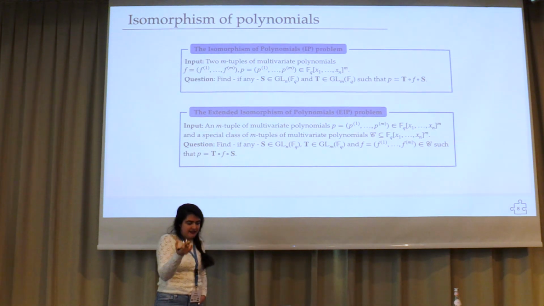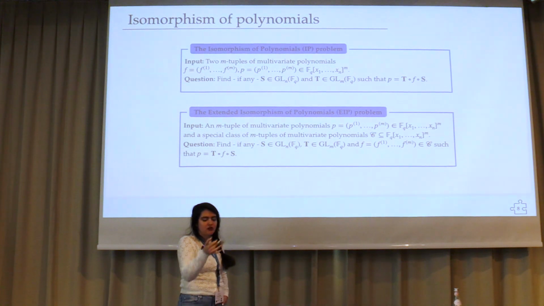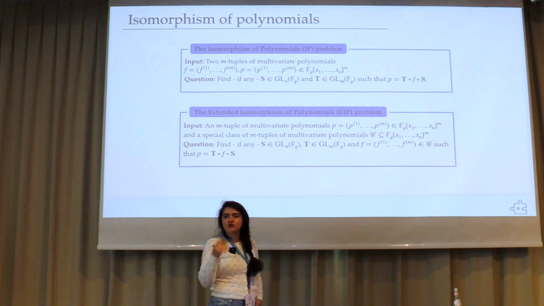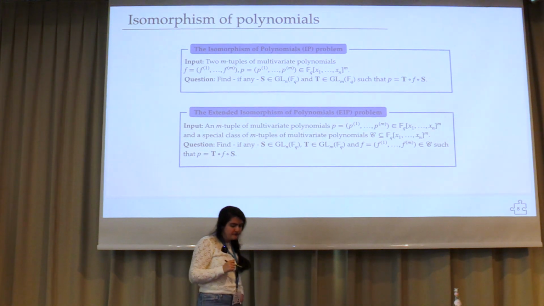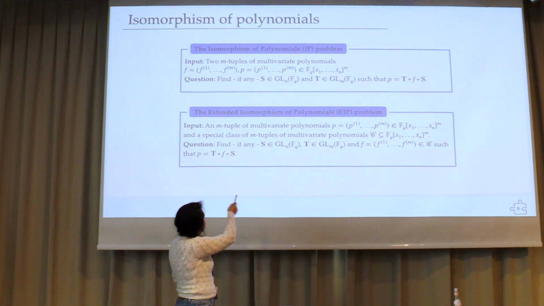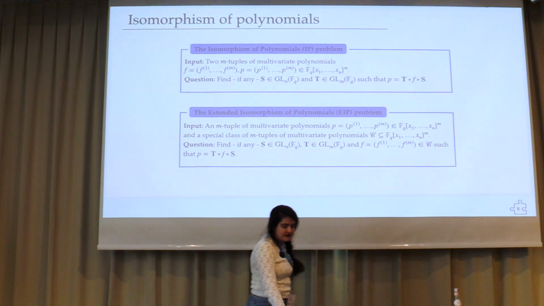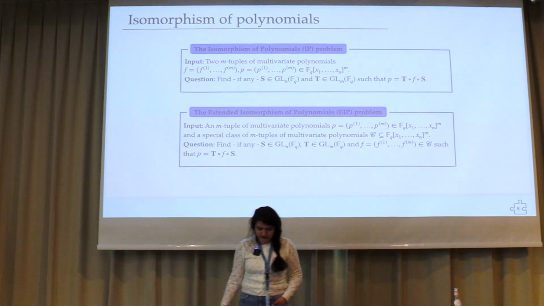It is a special class of polynomial systems. You know what the central map looks like, you just don't know the concrete instantiation. Your goal is to find the isomorphism, which will also give you the central map F, which is what you want.